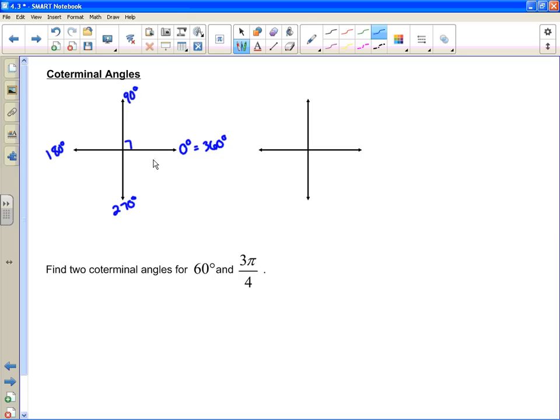So if I draw an angle here, that angle could be either 0 or 360 degrees. Any angle we have also follows that. If I'm in degrees, I would add or subtract 360 degrees, and that will tell me some of the coterminal angles of the angle I have.